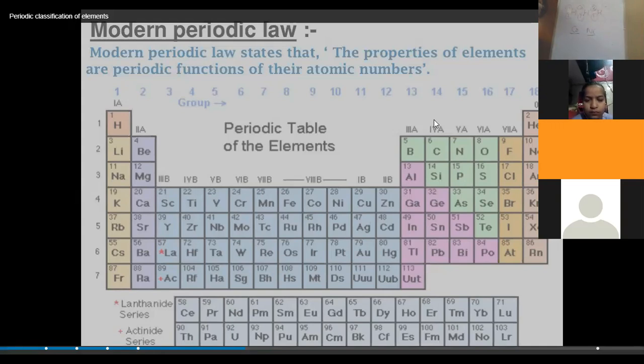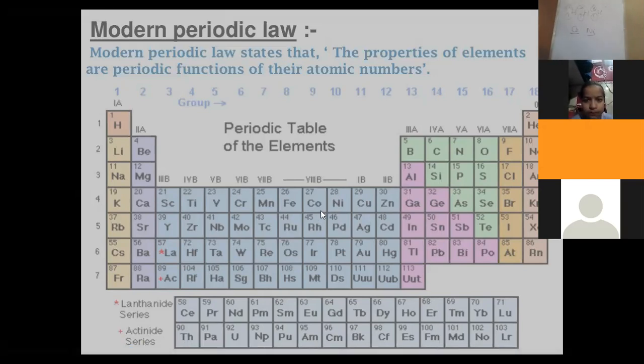If you go to the modern periodic table and try to find cobalt and nickel, while my cursor is there, you can see cobalt is placed first, followed by nickel. And it is quite right also. Why? Because the atomic number of cobalt is 26, whereas the atomic number of nickel is 27.